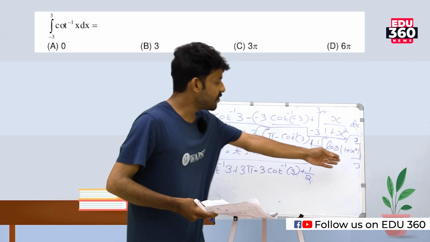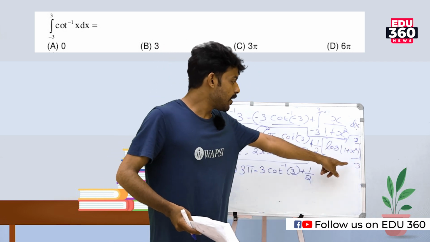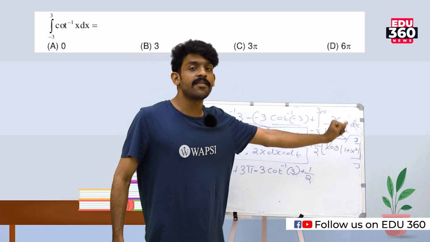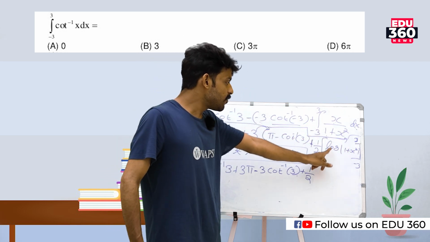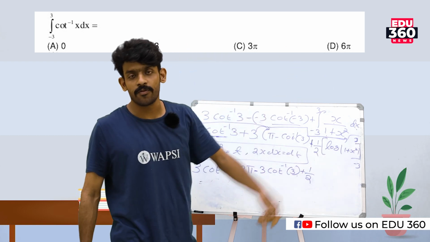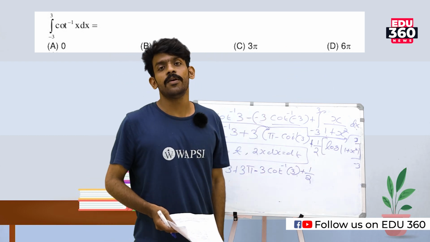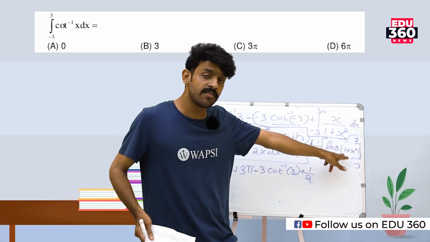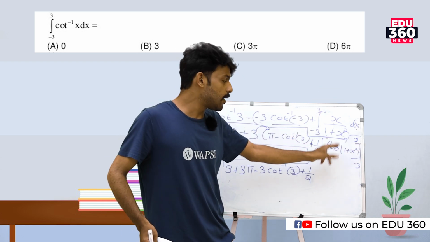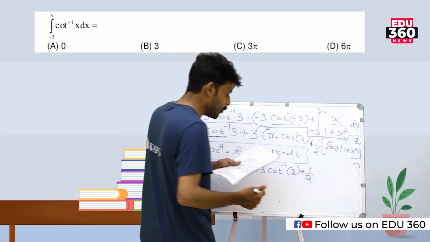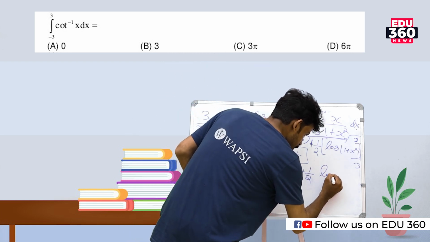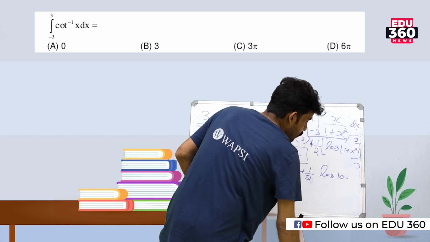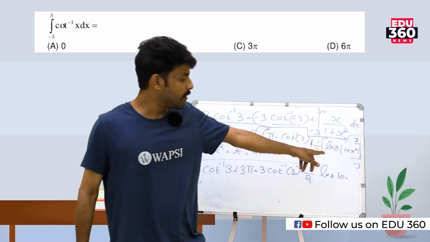Hereafter just apply the limit. The lower limit is minus 3 and upper limit is plus 3. While we are applying the upper limit 3 here, that is log of 1 plus 3 square. We know that 3 square is equal to 9. So 1 plus 9 is 10. So here it will become log mod 10. While applying the upper limit 3, we got log 10.